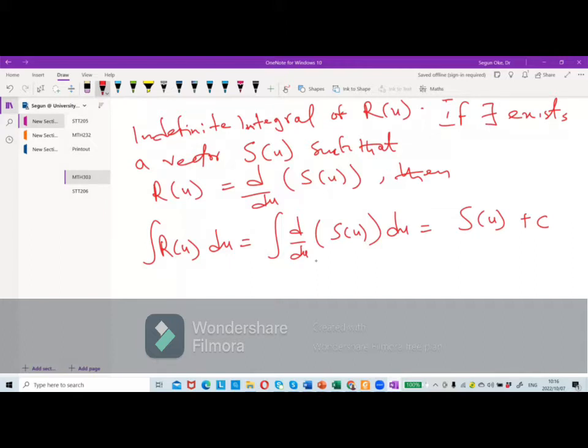This is where we have the indefinite integral. But what about the definite integral? Let's look at it. A definite integral is when you have a bound, for example an upper bound and a lower bound. At that point, we substitute the upper bound and subtract the lower bound.